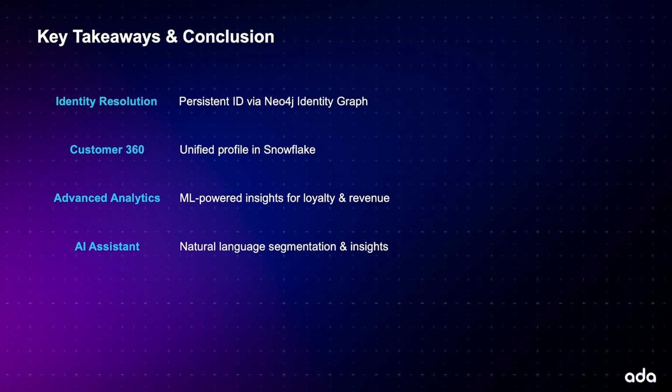Finally, we have the AI assistant, where we expose data to AI agents that help answer questions and support rapid experimentation. Because of all these components, we can implement personalization at scale. We not only create customer segments, but also have the capability to export them to any CRM, CDP, or MIT channels like Braze, Salesforce, and others.